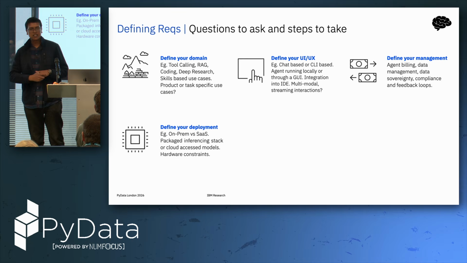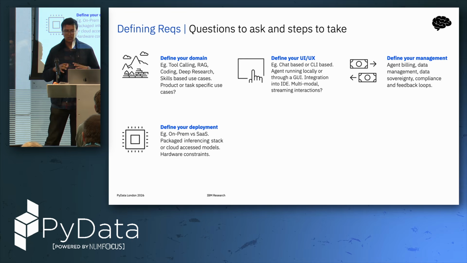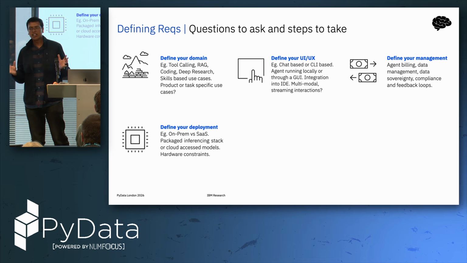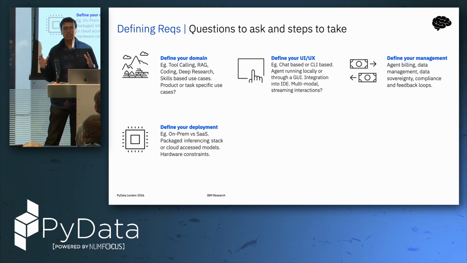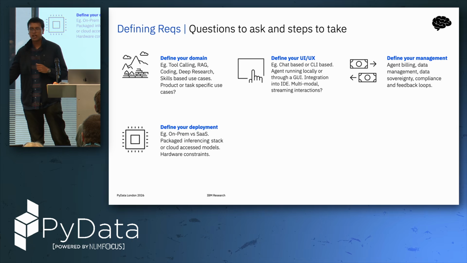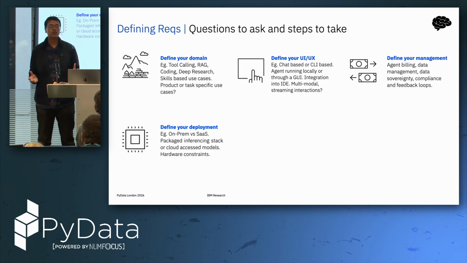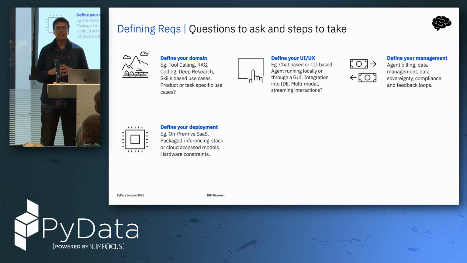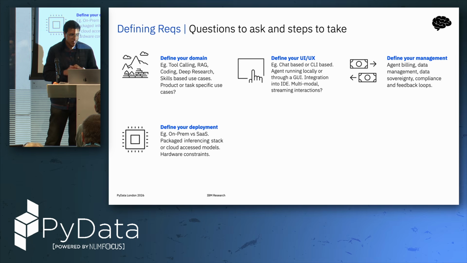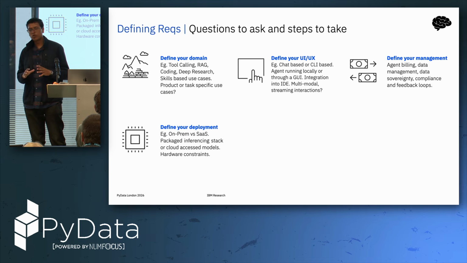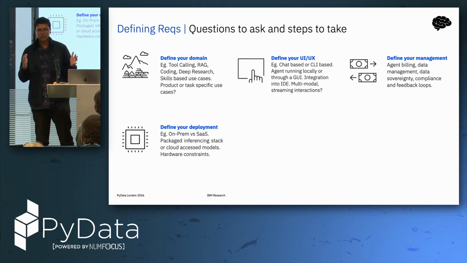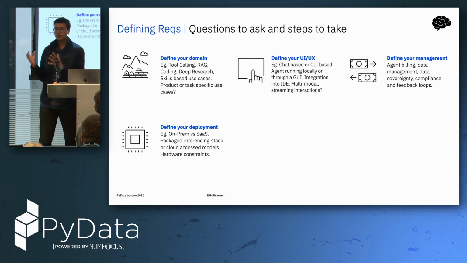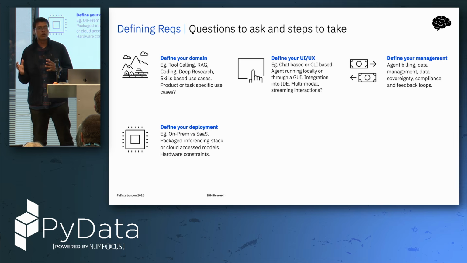One thing we uniquely see within IBM often is define your deployment. Are you looking at on-prem clients, or are you looking for clients who are just wanting to interact with your agent through some cloud-hosted, software as a service, agent as a service approach? In the on-prem world, if you're thinking about deploying something on your client-specific hardware as an agent, you also need to package an inferencing stack to go along with that.